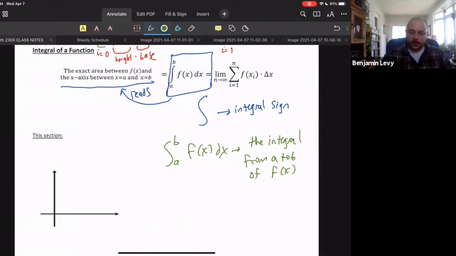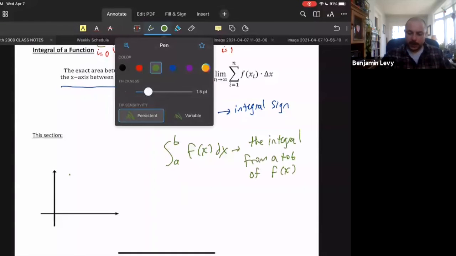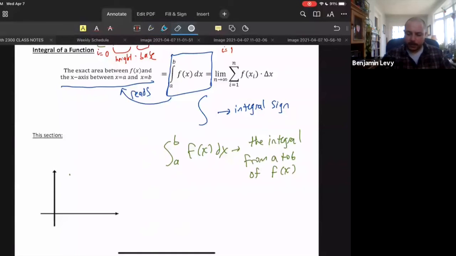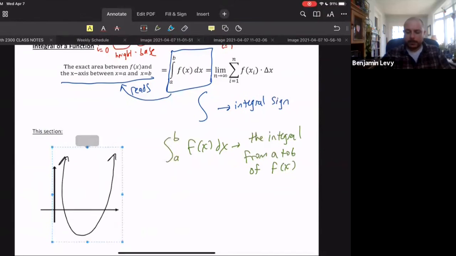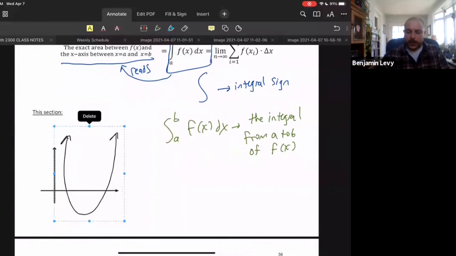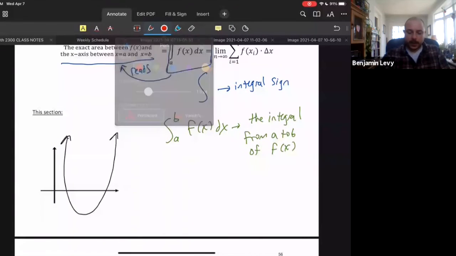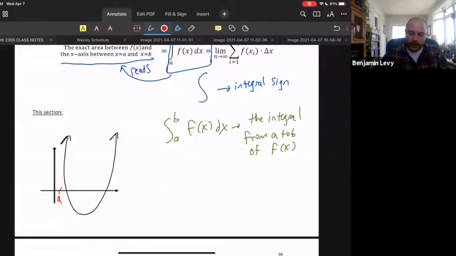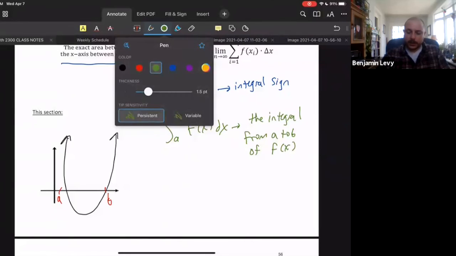So if I put this, see if I can copy this thing again one more time. I've got my curve here one more time. The integral would tell us the exact value that we're looking for. So I'm going from a to b again. And now the integral is going to tell us exactly what we want.